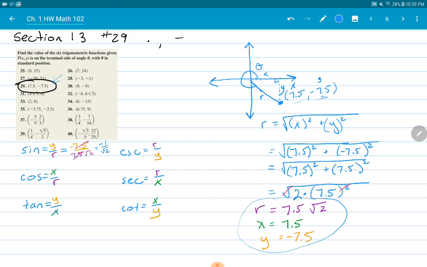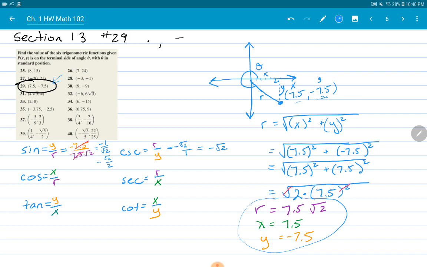And I could rationalize that and say negative radical 2 over 2. And then the cosecant is really just the inverse of that. So I've already done the hard part of the plugging and simplifying, so I can just flip those fractions over. So this is going to be negative radical 2 over 1, which simplifies to negative radical 2.